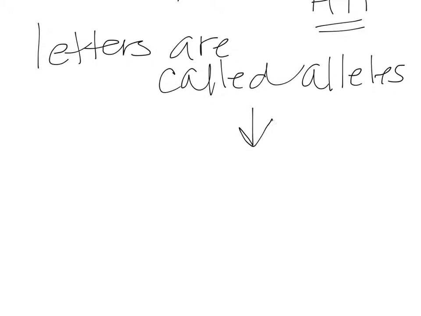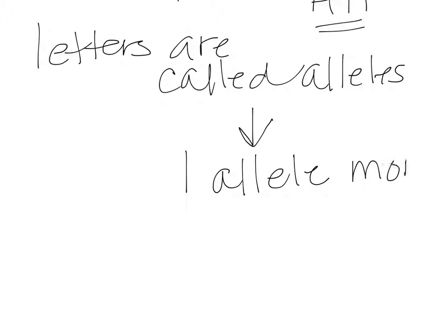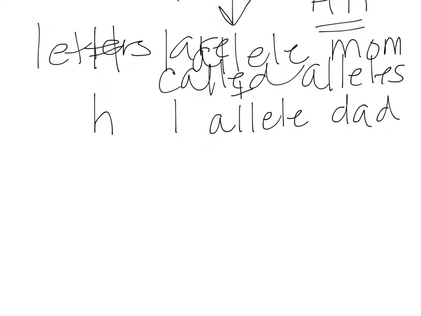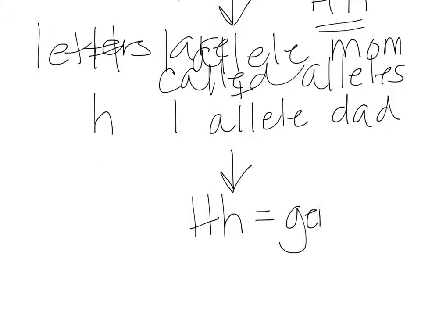So, one allele from mom plus one allele from dad. Like I said, in this case, we'll say H from mom, small h from dad, combine together to make the genotype, another vocab word.